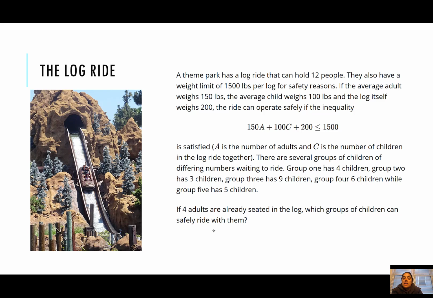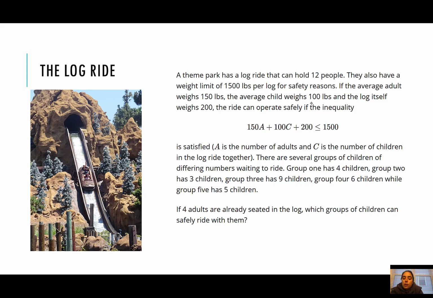So here's the inequality. 150 A as an adult plus 100 C for children plus 200 is less than or equal to 1,500 pounds. This is saying that the log can't be greater than 1,500 pounds.